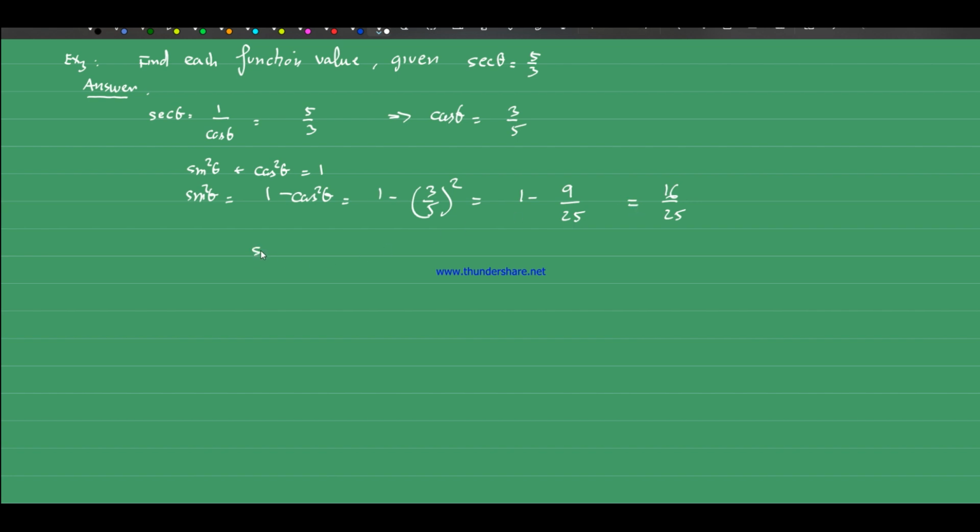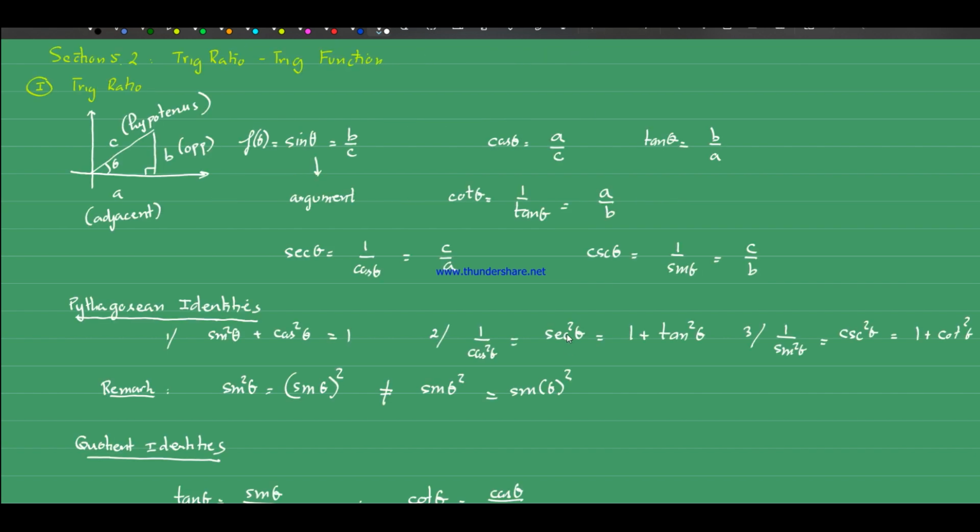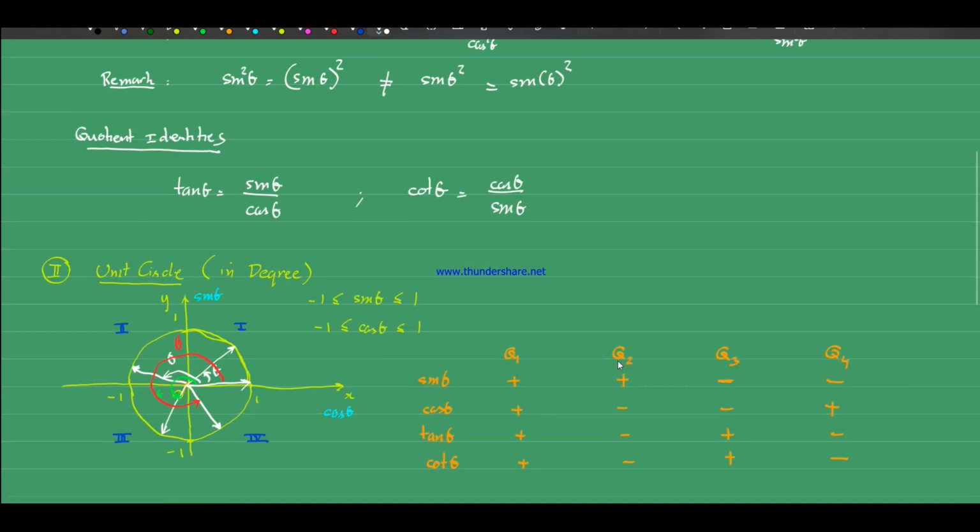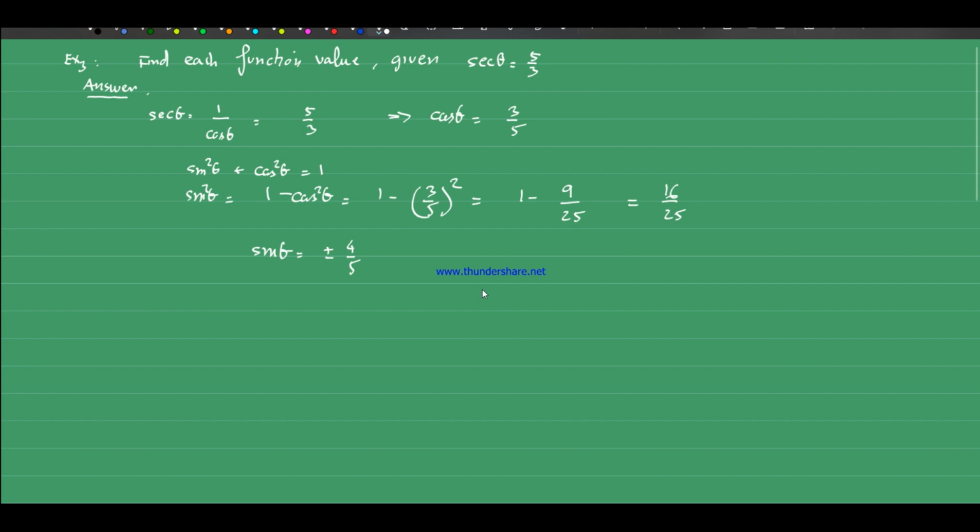When I take the square root, it gives you plus or minus 4 over 5. The question is, which one should we take? The table we had last time is important, or you have to memorize how it goes.